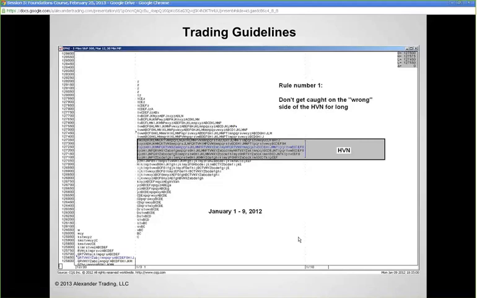And the high volume node can also give us an objective way to determine the reward or risk of a trade. All of these things we're talking about come into one of the primary themes of tonight, which is trading with an edge and trading expectancy.